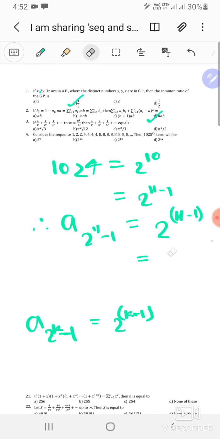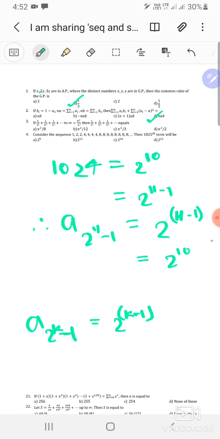Let's write it as 2 power 10. So the last 2 power 10 has to be the 2 power 11 minus 1th term. Wait a second, 1024 is 2 power 10, which is 2 power 11 minus 1. Yeah, so 2 power 10 is a sub 2 power 11 minus 1.